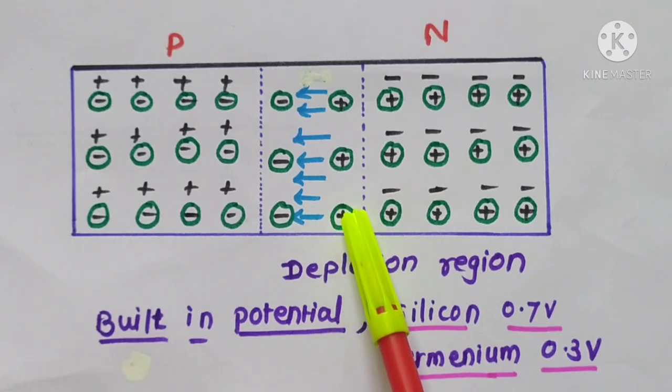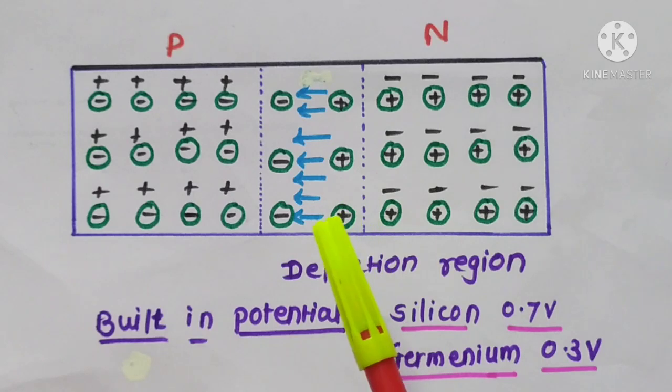So based on that, let us see the two types of biasing for this p-n junction. First one, we talk about the forward biased p-n junction.